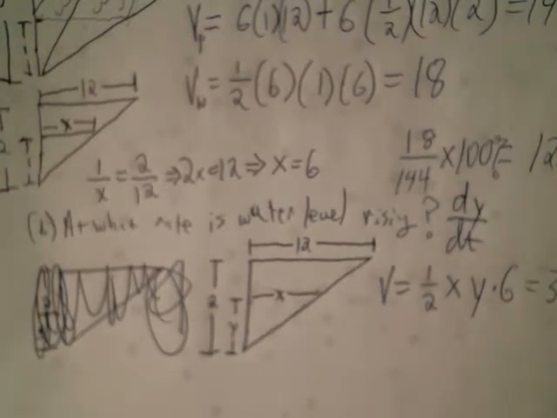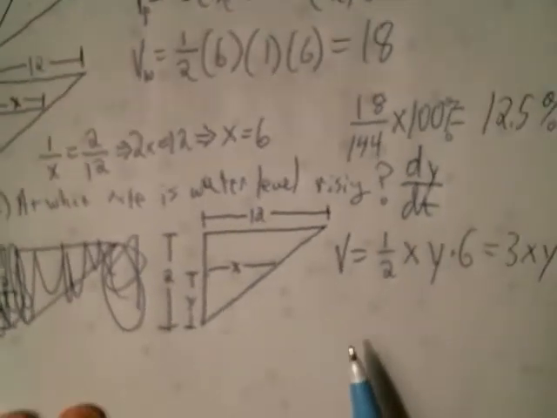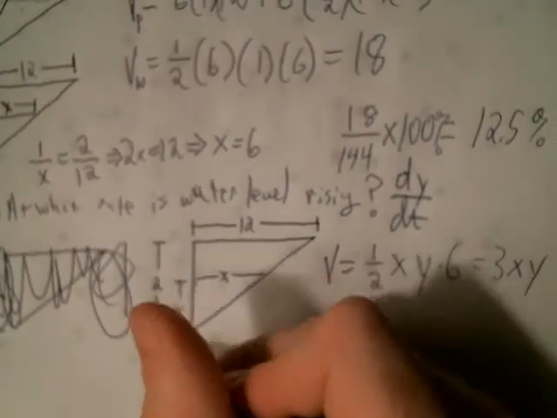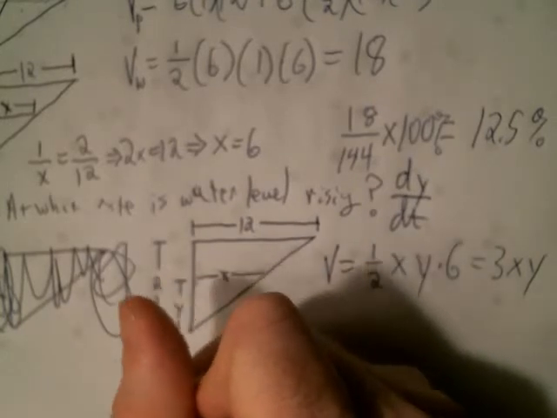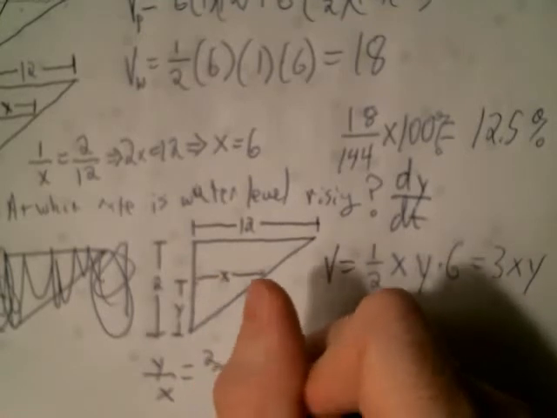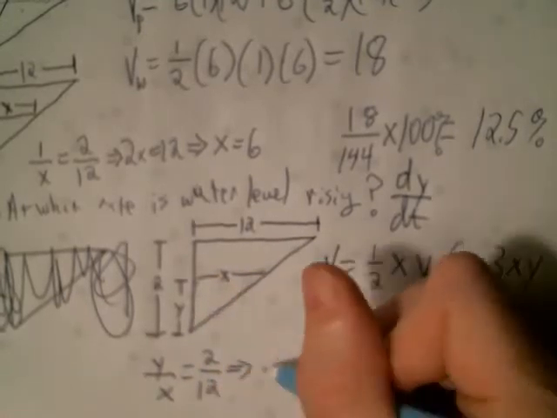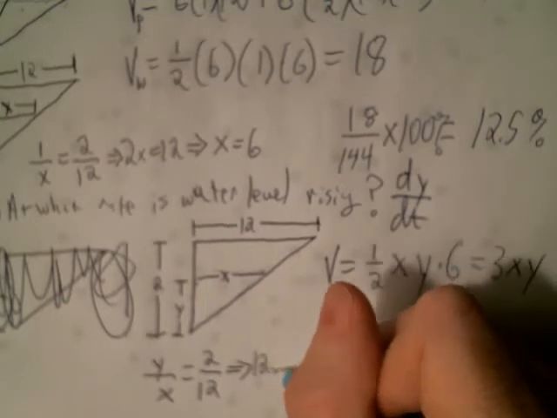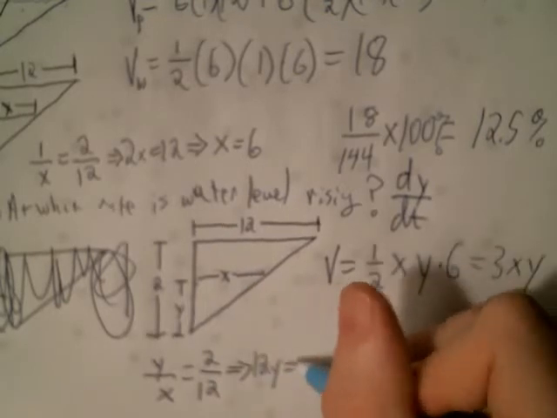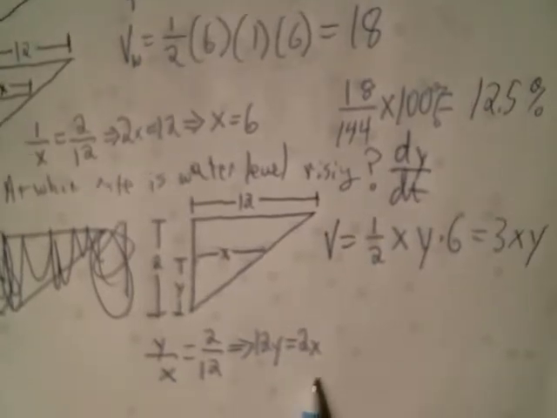The only trouble with this thing, though, is that x is also unknown, but you can use similar triangles to get rid of x. So note over here, y is to x as 2 is to 12. Okay? And then cross multiply again. 12y equals 2x.